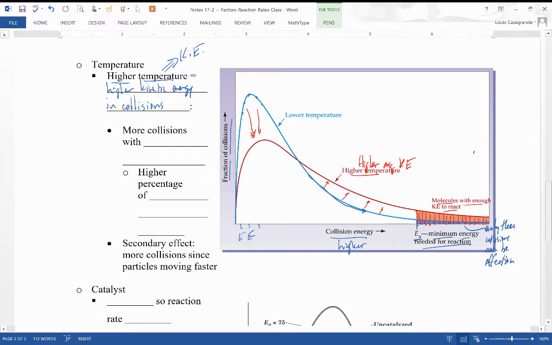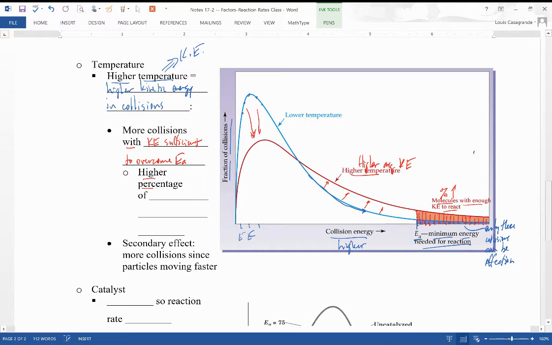So let's write that over here. We have more molecules with kinetic energy that's sufficient to overcome the activation energy. Now, something you should also notice, it's not just a numbers game, it's the percentage. So the percentage also goes up.